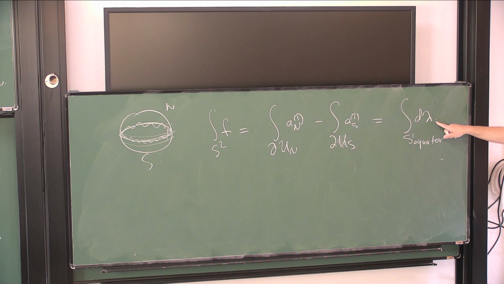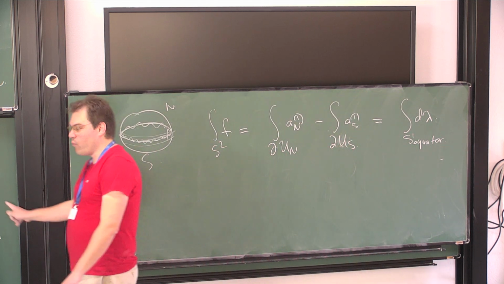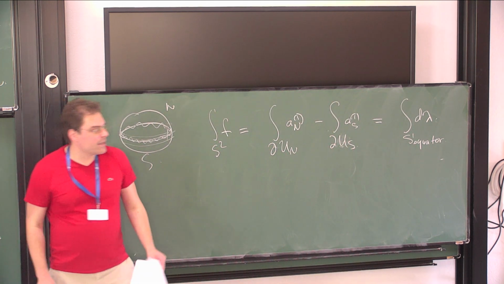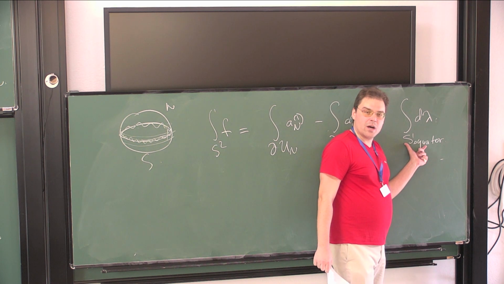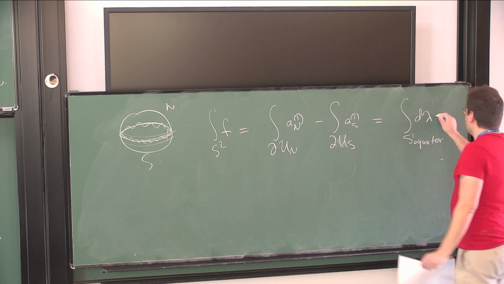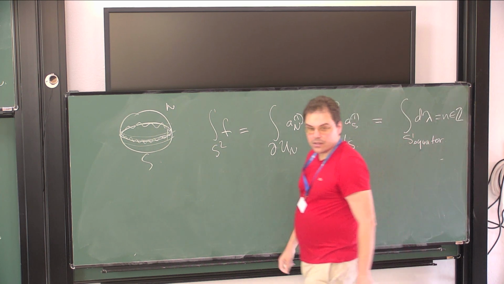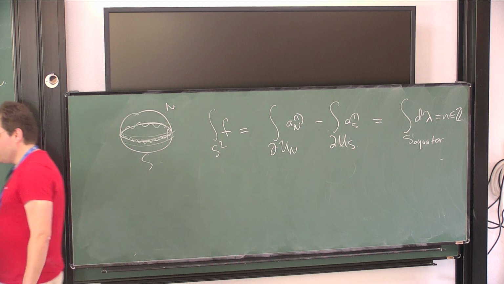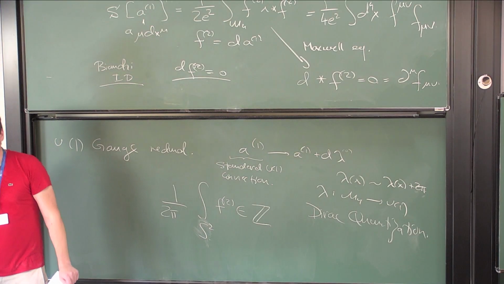Now, if lambda were an R-valued function, this is 0, right? But since lambda itself is circle-valued, or in other words, it can have winding, this is nothing but the degree of the map from the equator to the U1 that's specified by lambda. And that degree can be any integer. So you can consider gauge fields in the northern and southern hemisphere that in the equatorial region need to be glued by a lambda that has arbitrary winding number around the equator.